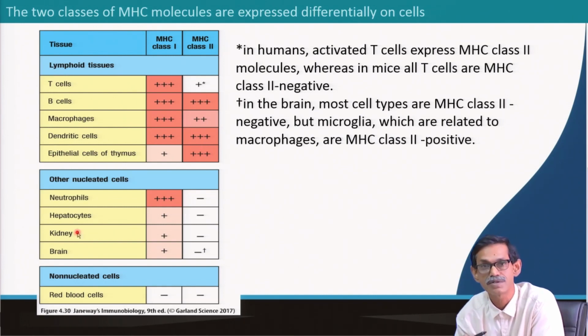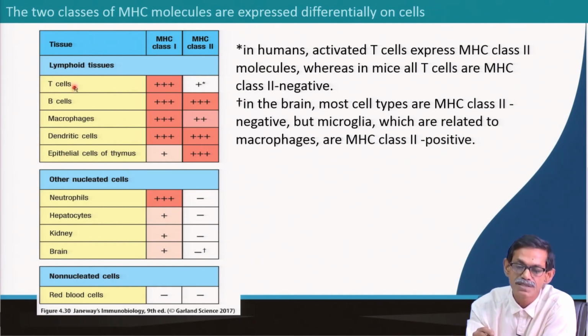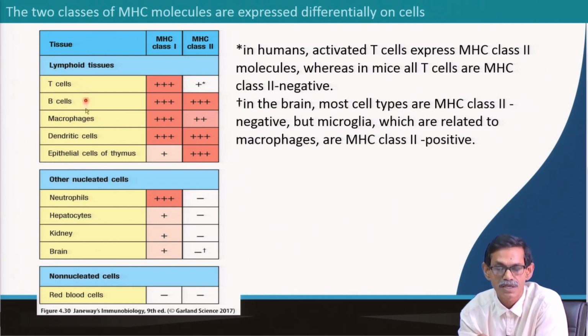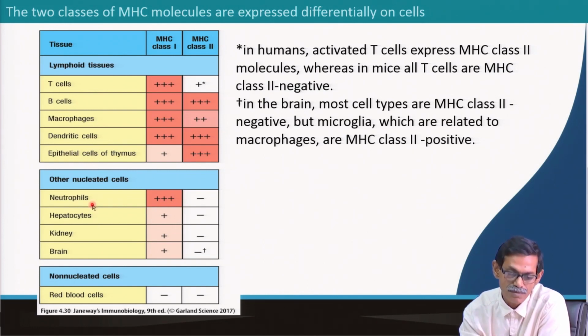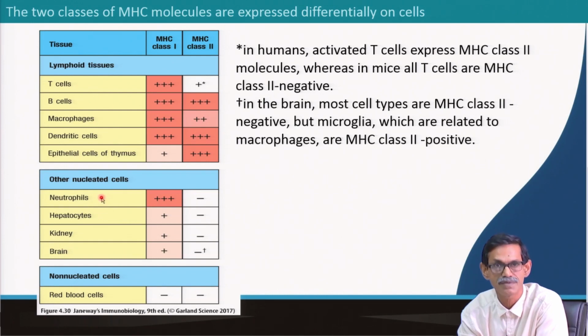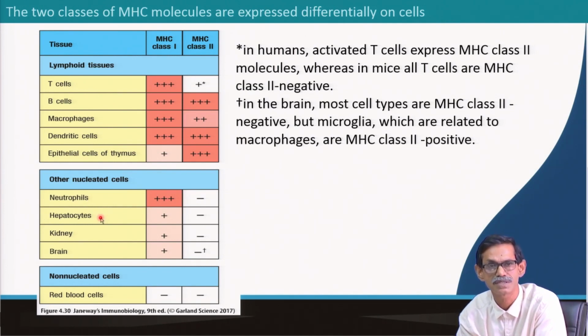If you go to other nucleated cells, what is the similarity of these top cells? They are all immune cells or cells involved in the immune system. Neutrophil is definitely a part of the immune system, but it mostly expresses MHC class 1, not MHC 2. Other cells like hepatocytes, kidney, brain, or any somatic cells like skin, you won't see expressing MHC class 2.